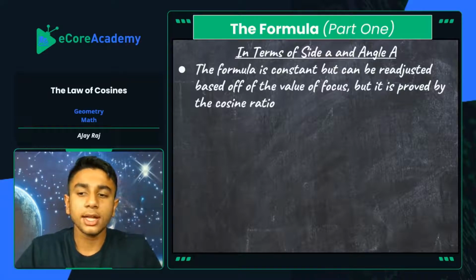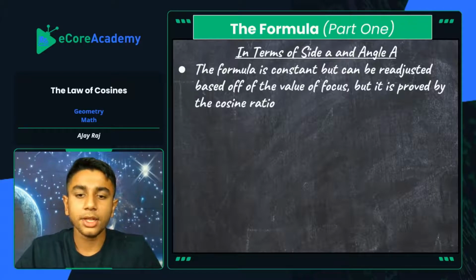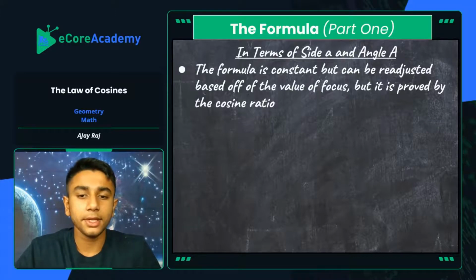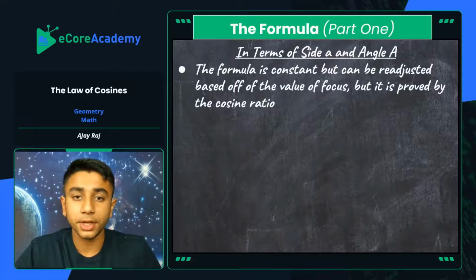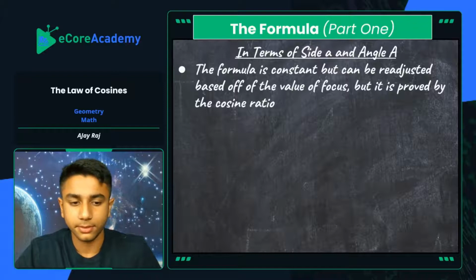So the formula is constant, but can be readjusted based on the values of focus, but it is proved by the cosine ratio. You have 3 different forms in which you're going to alter this formula, depending on any given specific situation.